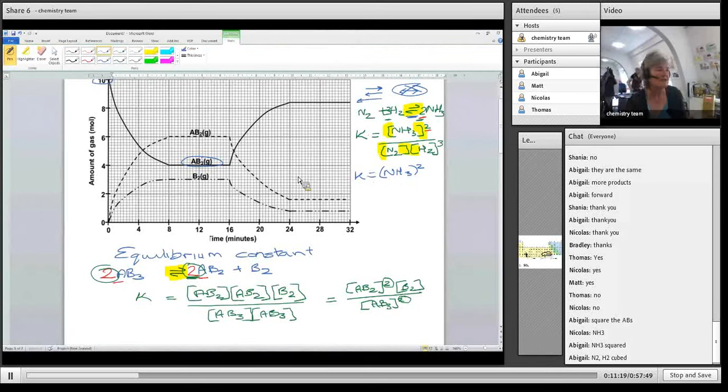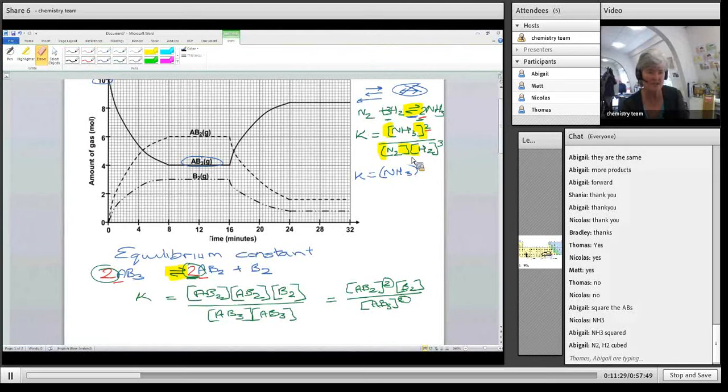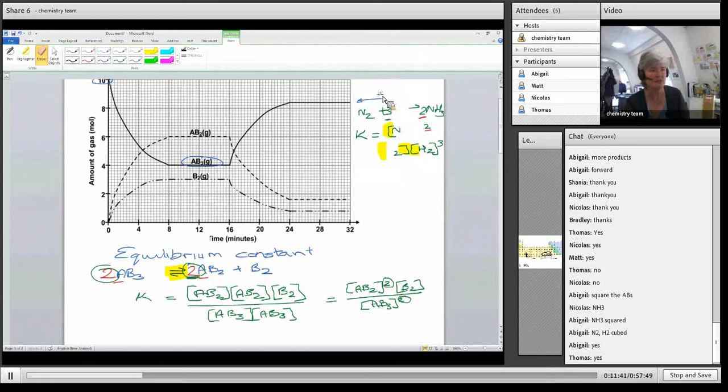So let's now do some calculations with the equilibrium constant. Are you all clear on how to write an equilibrium constant expression? Writing the products raised to their power over the reactants. Okay, so we'll just tidy this up a bit by getting rid of it, because I'll just work this out over here.